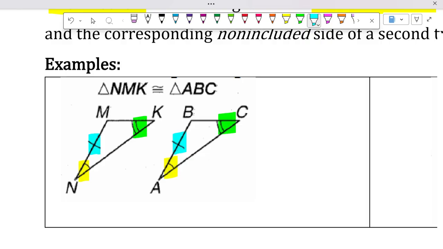So in other words, does it not have another side between it to be between these two angles? So guys, is this side between the two angles? It looks like they're between them.